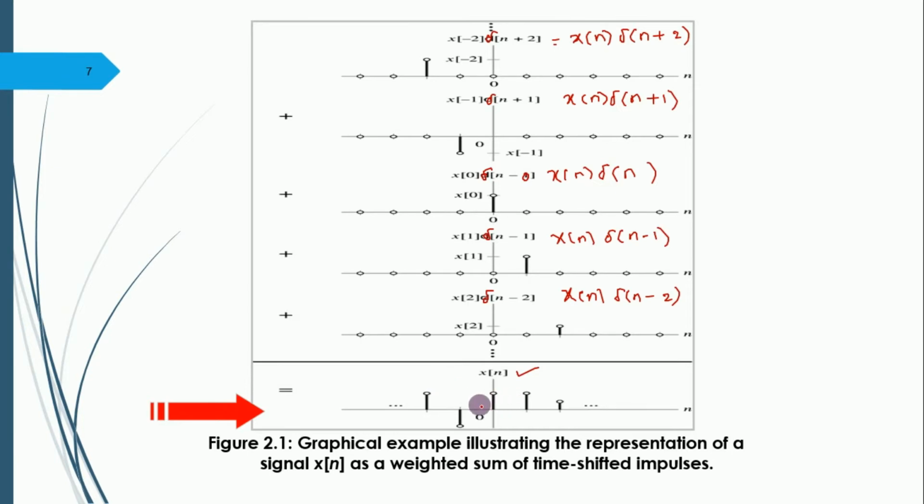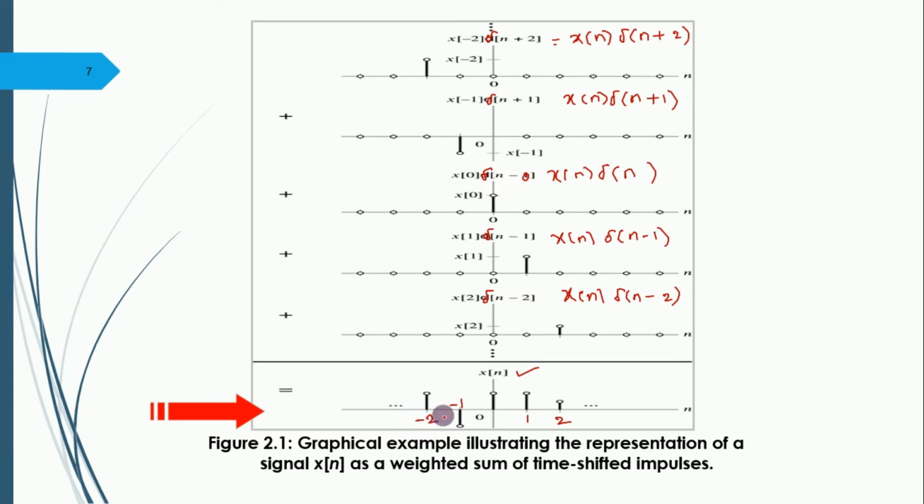We are applying the sampling property of it. Just have a check: this is minus 2, this is minus 1, this is 0, this is 1, this is 2. I want to fetch only this sample. How to do it? I take this x of n and multiply it by a delta function. What kind of delta function? The delta function should have a finite value at this place.